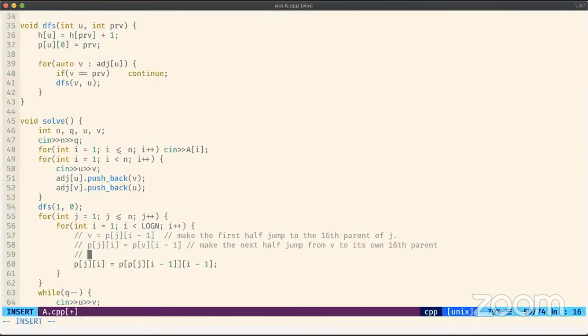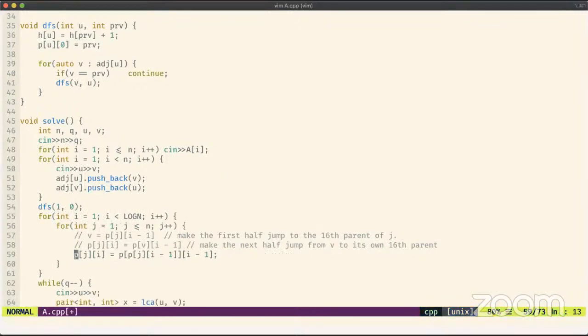But when you're calculating it, it is possible that v is greater than j. When v is greater than j, your j is still here and you don't have the correct value P[v][i-1] with you. So that's why you need to make the loops like this. I'll explain this through code also.